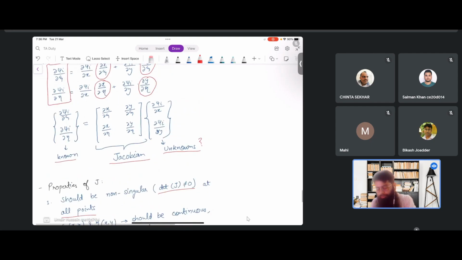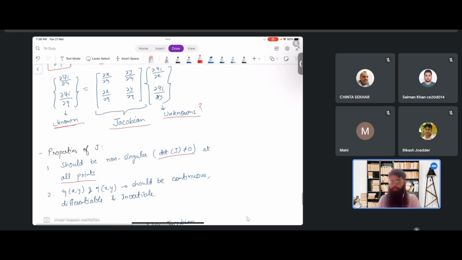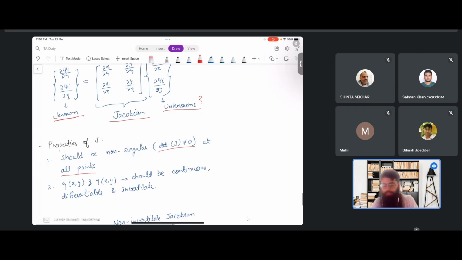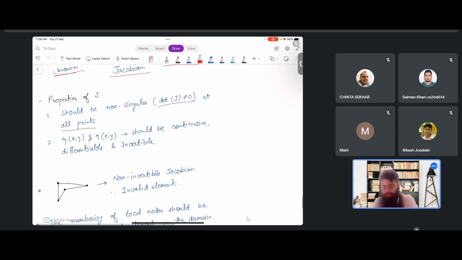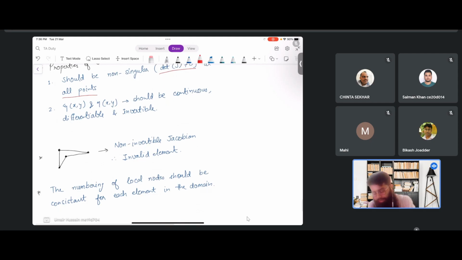So whatever element we choose should satisfy these conditions for the element to work. That's why we saw during the week 7 lecture that such kind of element would be invalid.